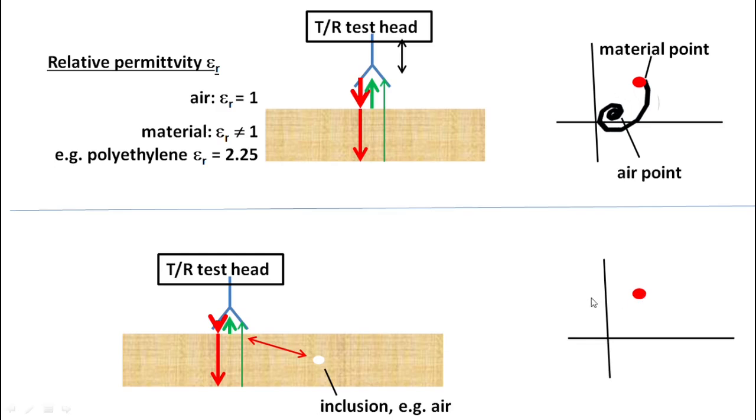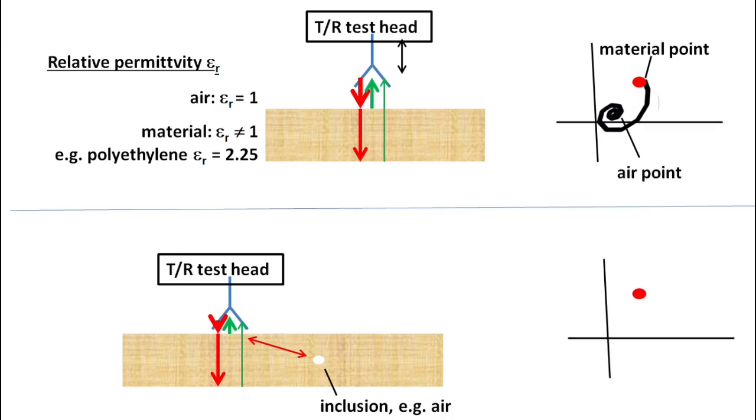Then when moving the test head to the right, all these reflections remain constant. Only the reflection which occurs due to the nearer presence of the inclusion becomes more and more varying. When the distance becomes closer, the amplitude of the reflection from the inclusion is growing, and the phase is more positive.